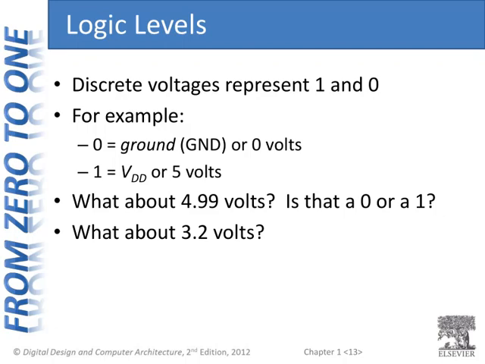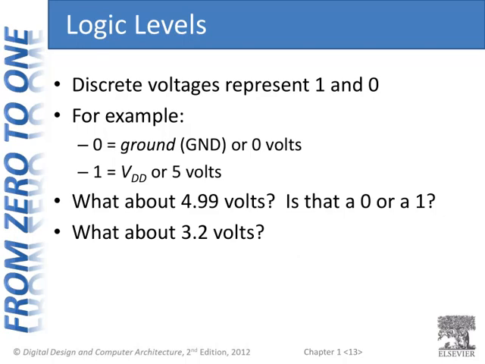If we're extremely strict and say, hey, you're either 0 volts, 0, or 5 volts, 1, and anything else I'm not going to consider a valid value, that system's going to have a really hard time working, because getting exact voltage values is pretty tricky, especially given noise in the system.